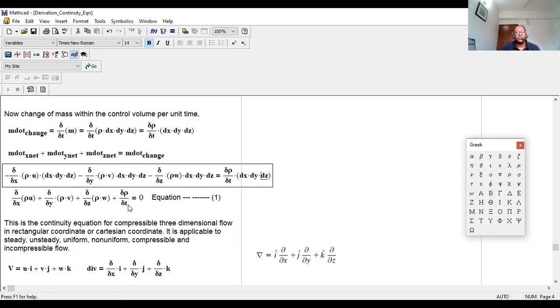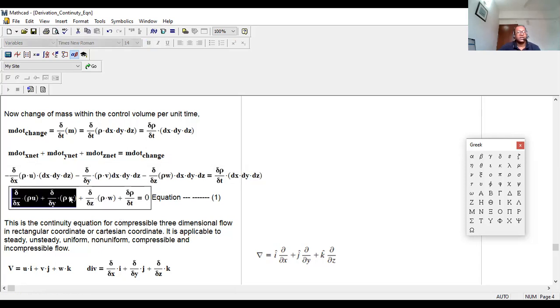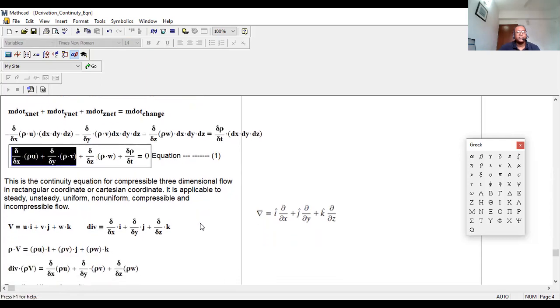If the flow is steady, what does it mean? Nothing is changing with respect to time, so ∂ρ/∂t will be 0. If the flow is two-dimensional, there is no w; w is 0. If it is one-dimensional, two velocity components will be 0. So this equation we can use for compressible, steady, and incompressible flow.